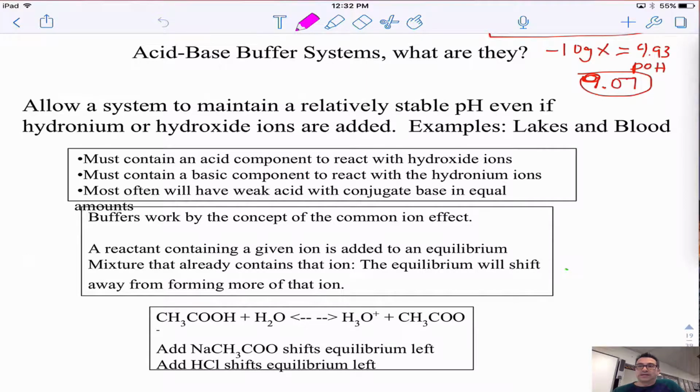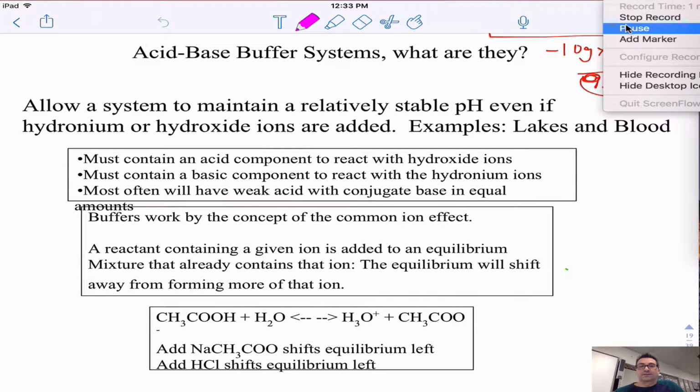You also need to have a basic component to react with the hydronium ions. And this will often be a weak base. A lot of times, they'll be conjugate pairs of each other. Now, it doesn't have to be a conjugate pair, but oftentimes it will be.